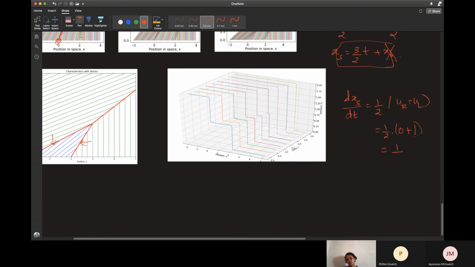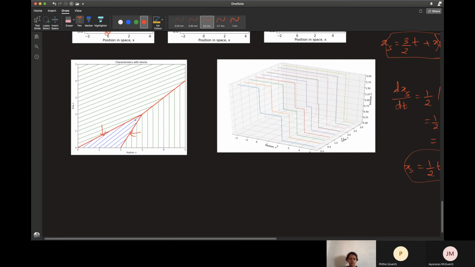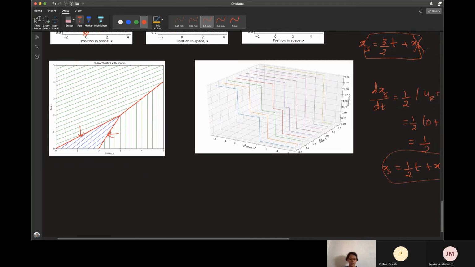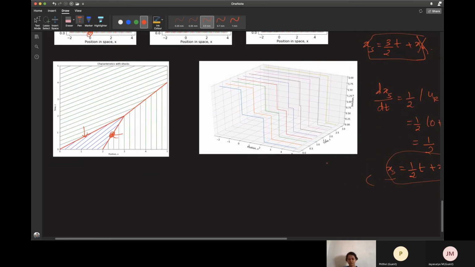So now the slope is 1 by 2. Now the equation for this characteristic will be this one. So for this discontinuity, your equation is this.